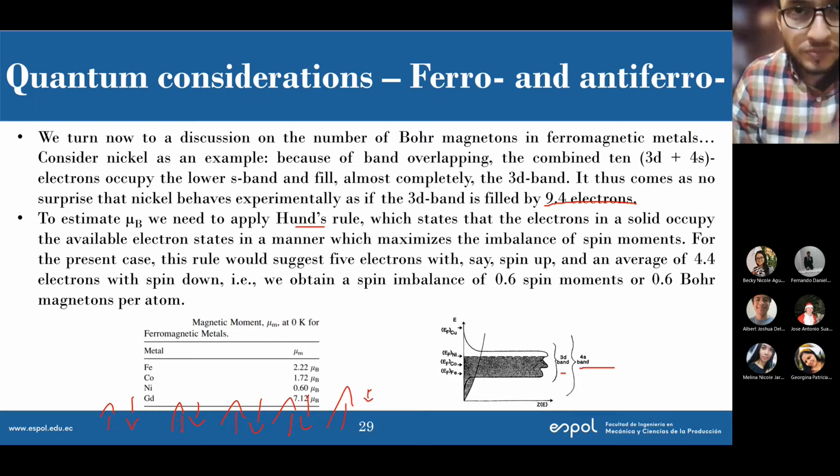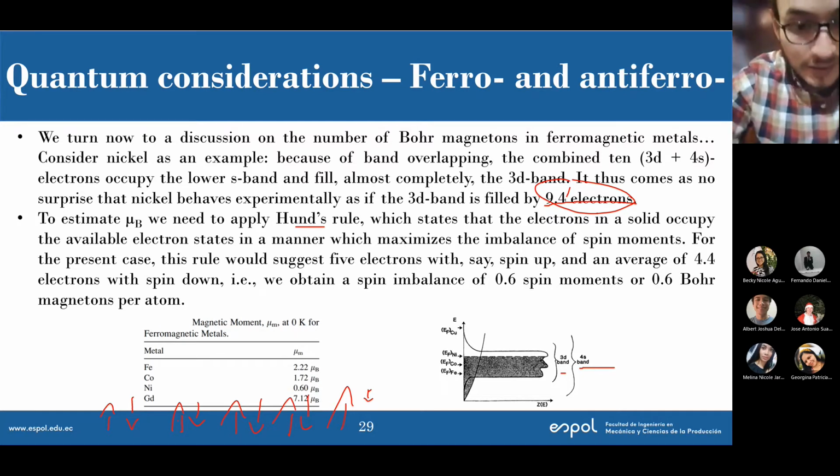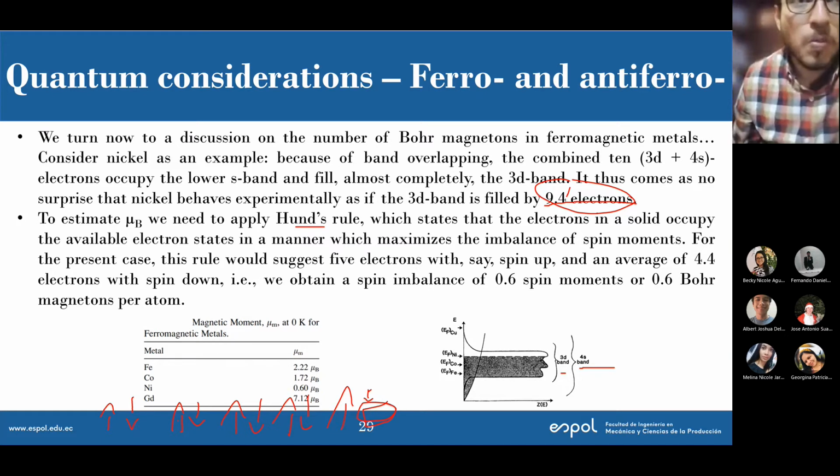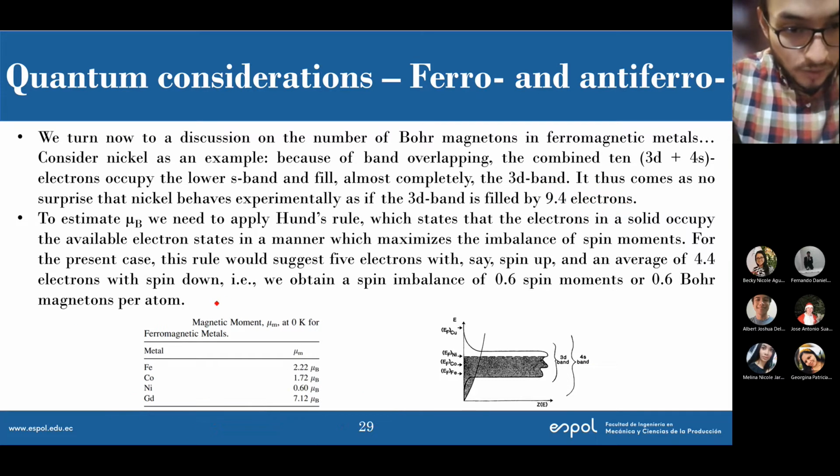So basically, if you have filled 9.4 electrons in the 3d band, that means you have 5 spins up, 5 spins down, and an average of 4.4 spins down. Therefore, there is this imbalance, which will be 0.6 spin moments. Well, so that is the 0.6 Bohr magnetons per atom that nickel has, and that you can calculate.